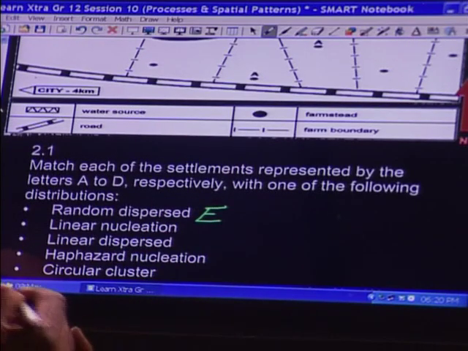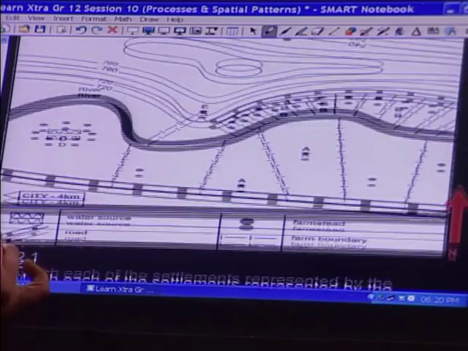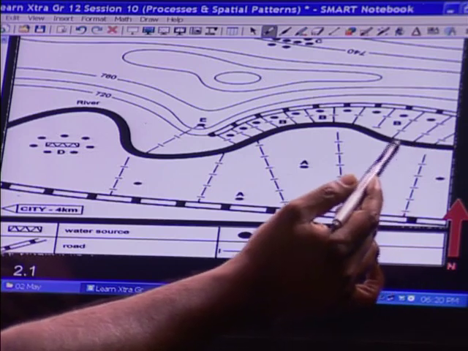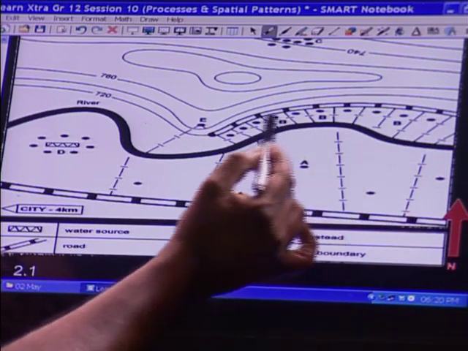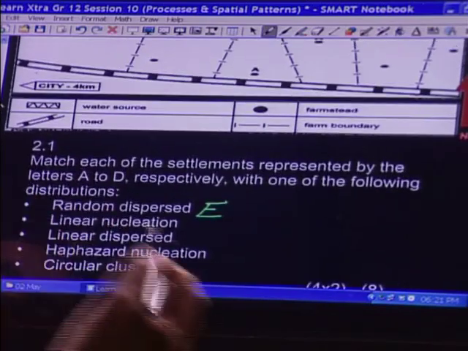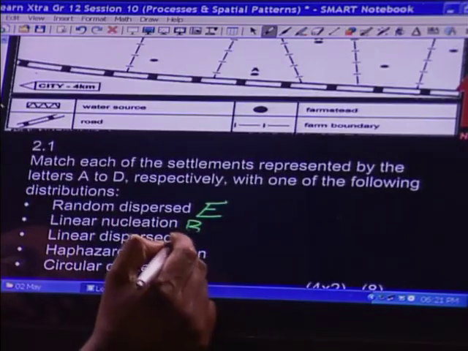Linear nucleation. If we look at this particular settlement, it's located along a road. Settlement B is nucleated, and there's your road feature. So linear nucleated would be settlement B.